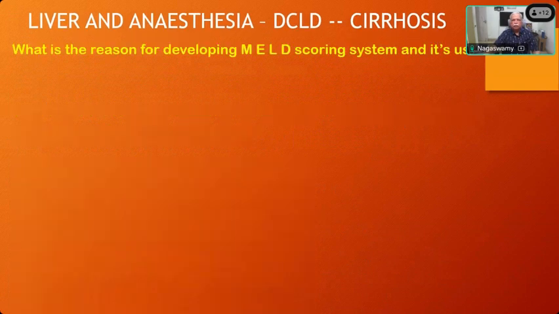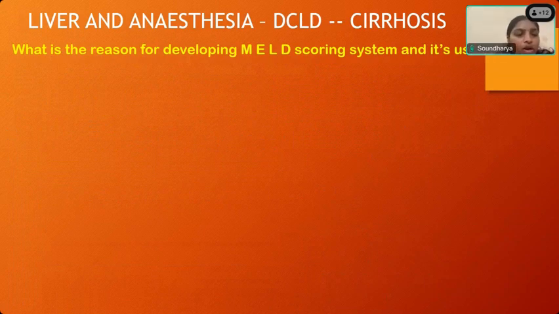And why did they develop another scoring system called the MELD scoring system, and what is its use? This is another common question they may ask you in the viva. When there was already a CTP scoring, what is the need for developing a MELD scoring system?